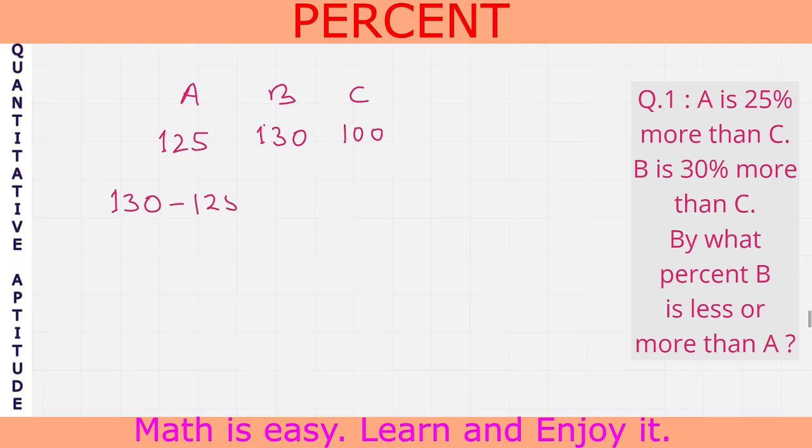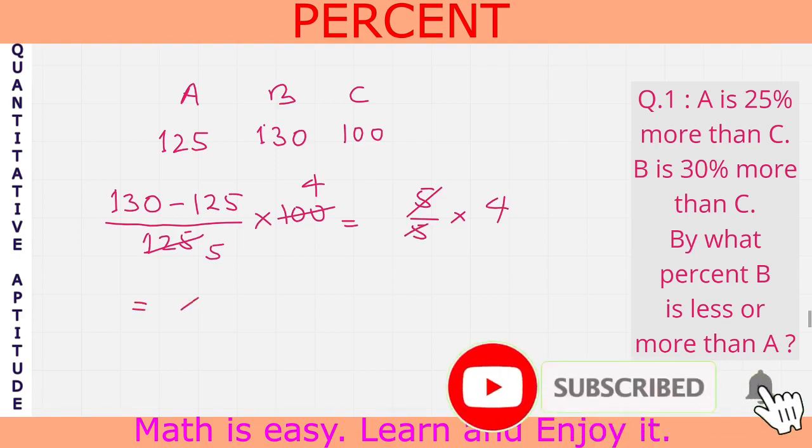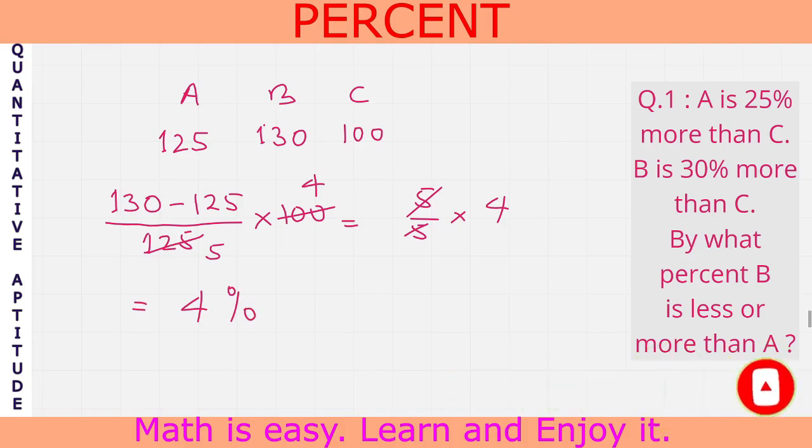So 130 minus 125 upon the value of A, which is 125, multiplied by 100 for calculating percent. 25 cancels 125 five times and 100 four times. 130 minus 125 is 5. 5 upon 5 multiplied by 4, and 5 cancels 5. So this is equal to 4%. Thus B is 4% more than A.